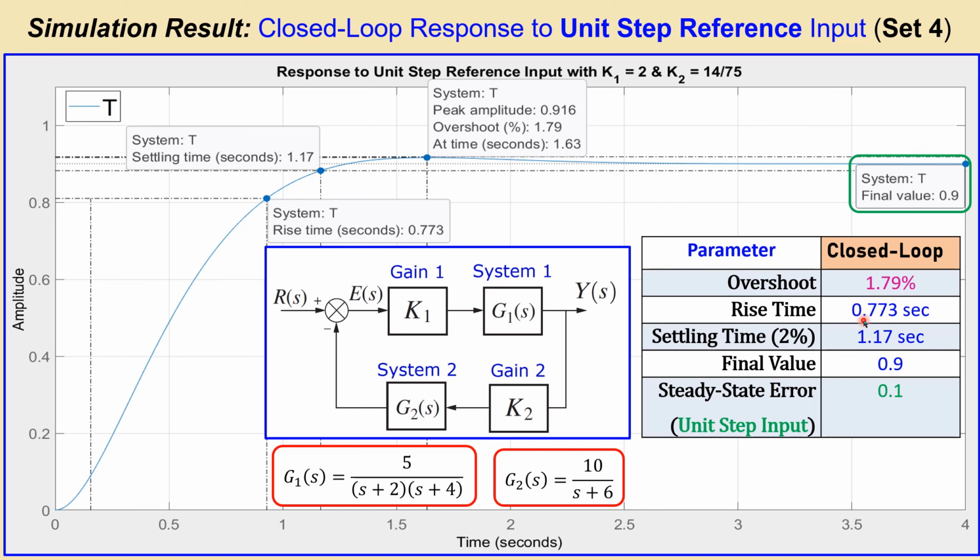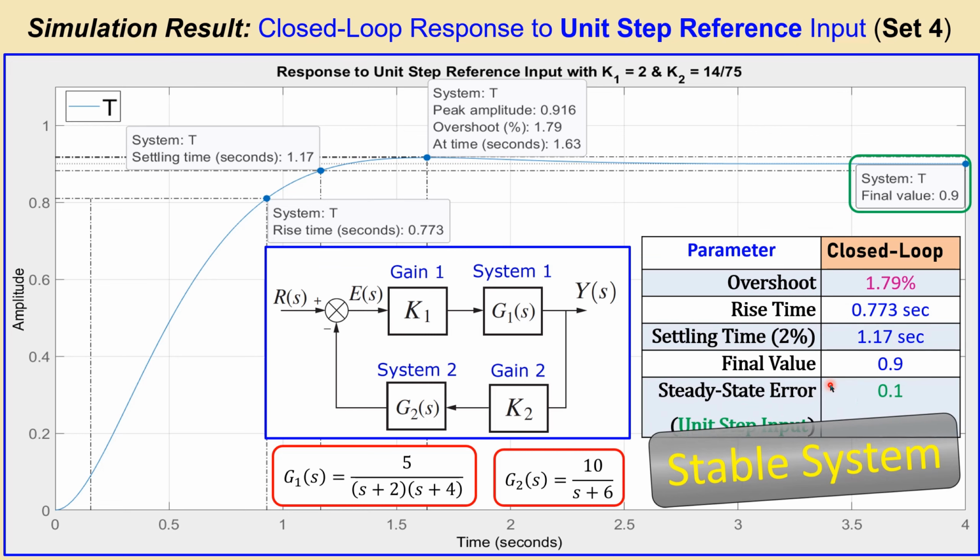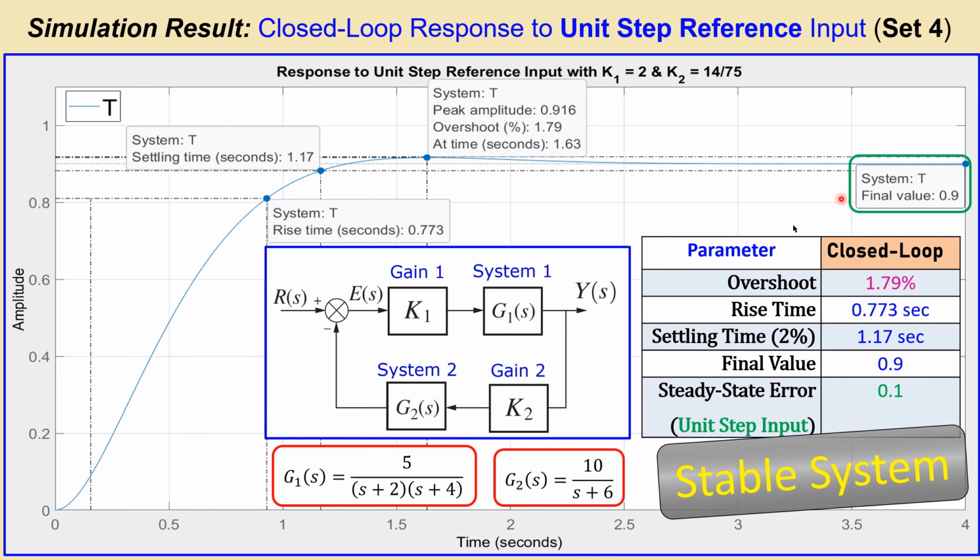The rise time is 0.773 and the settling time is 1.17 seconds. And again the final value and also the error from that. So it's a quite nice response. And again this is a stable system. So we can maybe decide that this is the best solution from these sets.